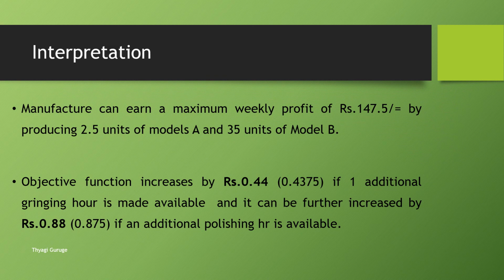The manufacturer can earn a maximum weekly profit of rupees 147.50 by producing 2.5 units of Model A and 35 units of Model B. Also, we have to interpret the shadow prices. Here, the objective function can be further increased by 44 cents if one additional grinding hour is made available, and it can be further increased by 88 cents if an additional polishing hour is available.